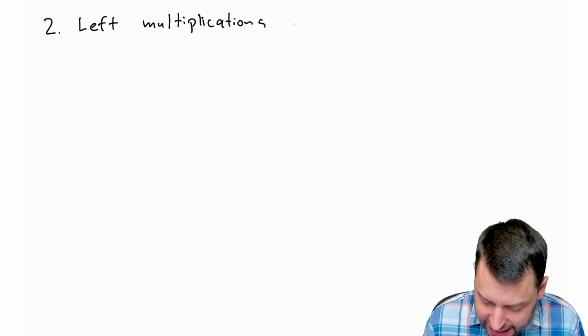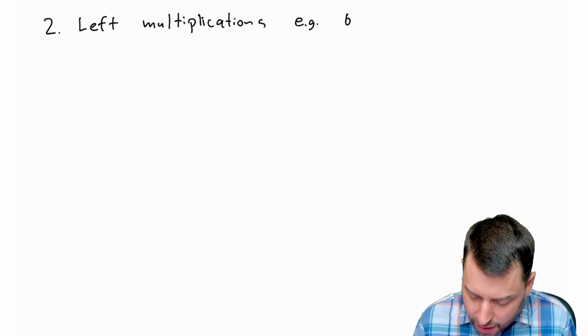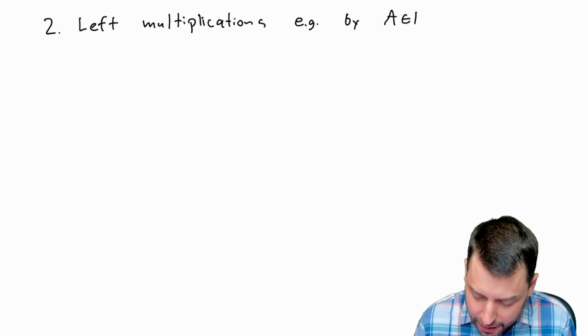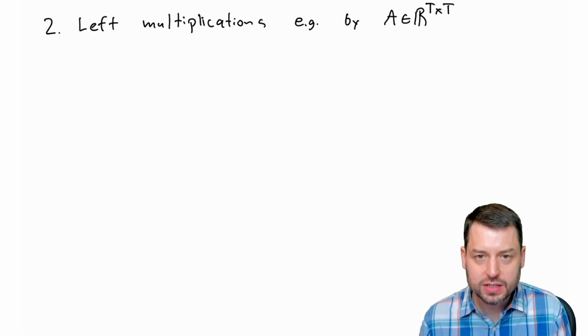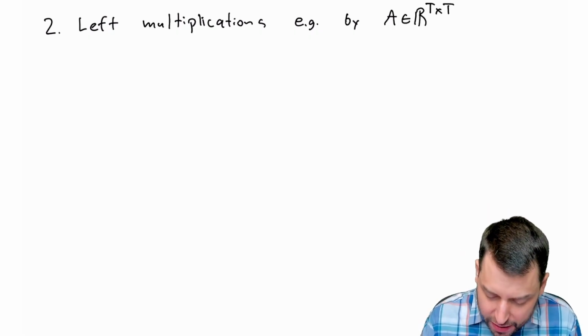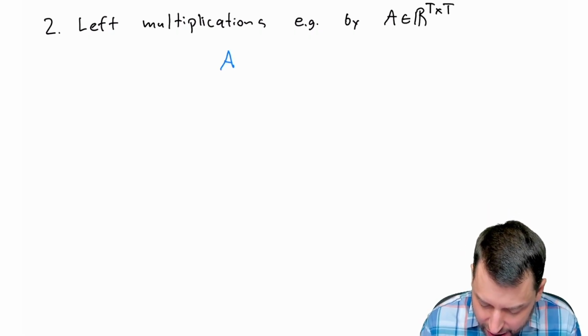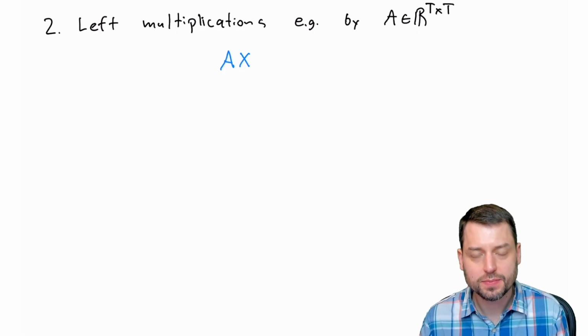And again, I'll say for example, because there are different ways you can do this, but you could do it by multiplying by a T by T matrix. And that would be, for example, the expression A times X.